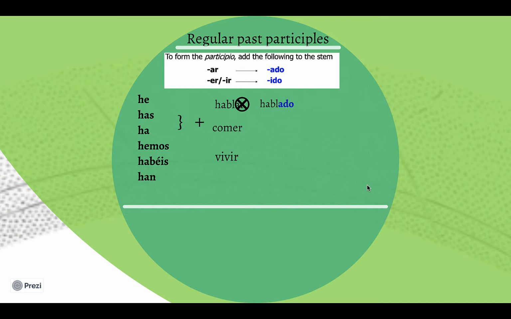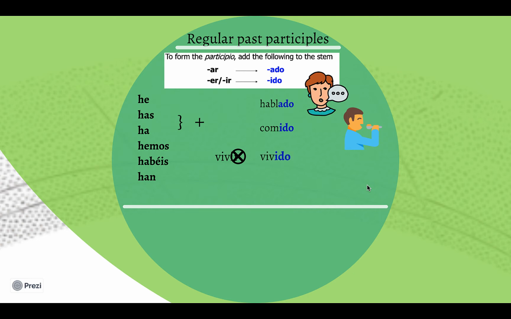And now for verbs that end in er or ir, we replace it with ido. Knock down the ER, replace it with ido, and now you have the participio of comer, comido. Y what about vivir? What would that be? That's right, vivido.